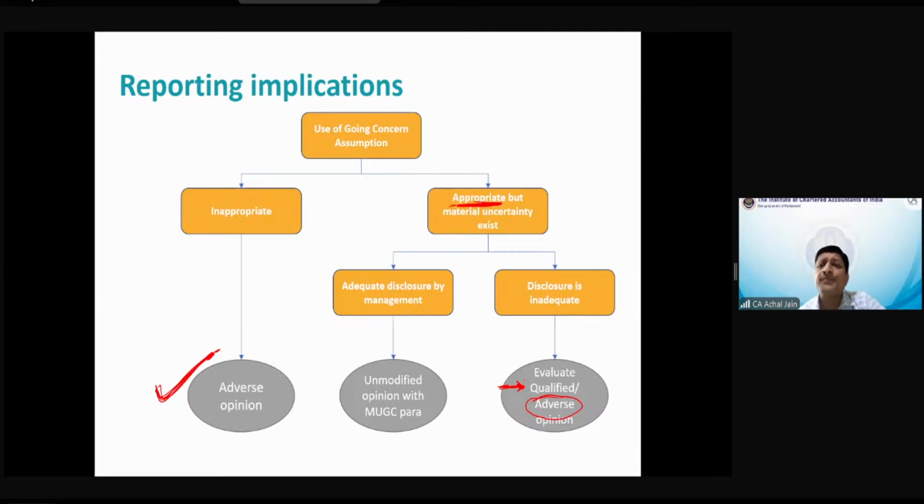Yes or no? Both of these opinions are modified. The only thing is, depending on the extent, you will see whether you want to keep it light in the form of a qualification or make it severe in the form of an adverse opinion. So can you now understand the implication?